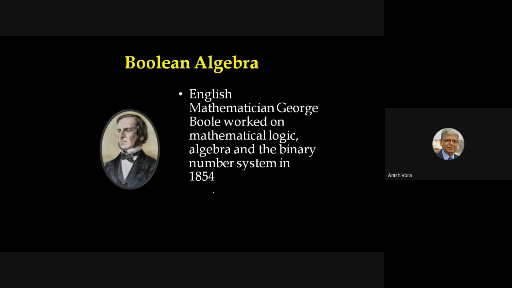He worked on mathematical logic algebra and the binary number system in very early 1854. એટલે બાઇનરી નંબર અને લોજિક અલ્જેબ્રા ઉપર he did mathematical work, and then he gave certain theorems for Boolean algebra. એટલે એના નામ ઉપરથી the name is Boolean algebra, right? કે જેમાં લોજિકલ ઓપરેશન્સ આપણે બધા હોય છે ને એનું અલ્જેબ્રા હોય છે. નોર્મલ અલ્જેબ્રા આપણને ખબર છે પ્લસ તો 1 + 1 તો 2 થતા હોય, but now in case of Boolean algebra 1 + 1 is different, right? 1 + 0, 1 + 1, we have only 2 variables, right?